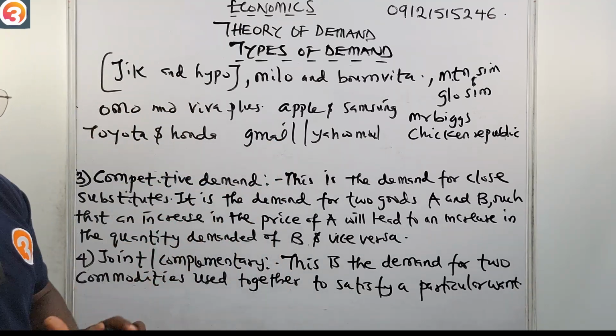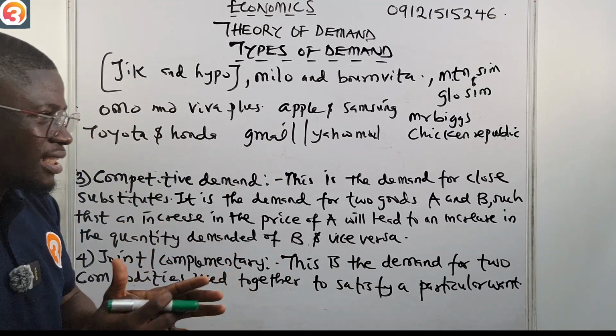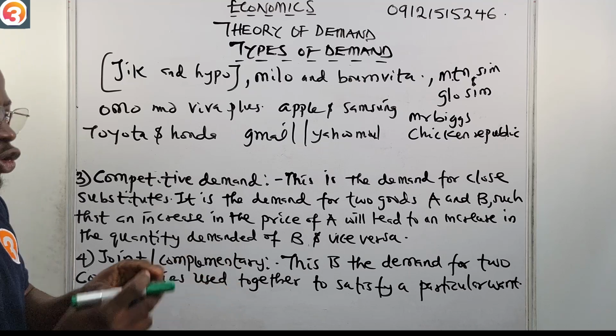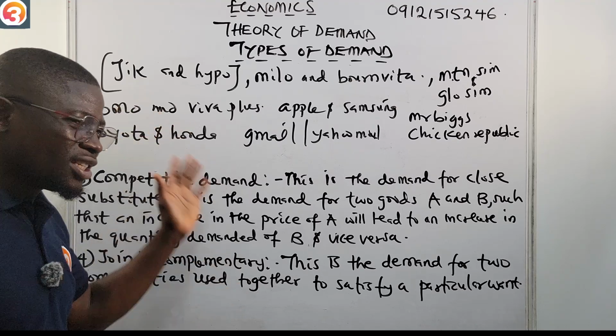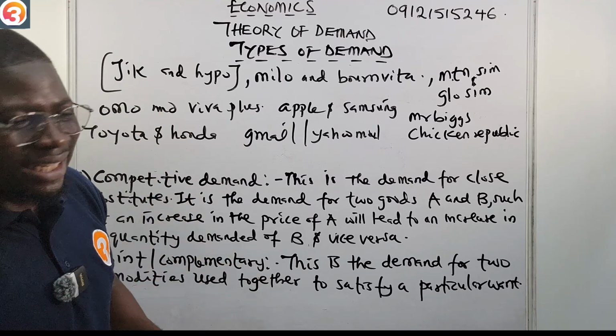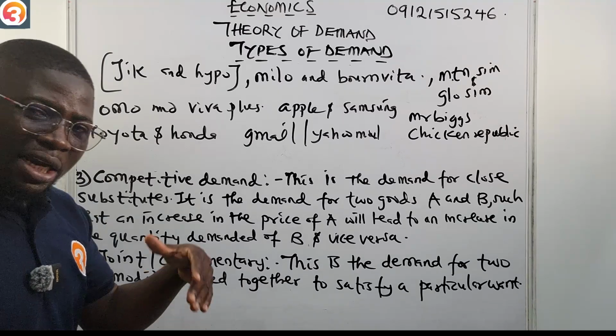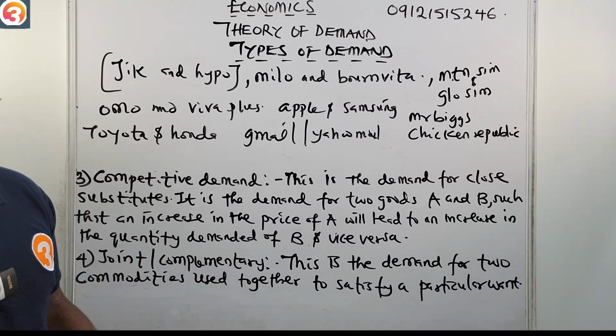So it is the demand for commodities that have a close substitute. That means if one is not available, you can go for the other one. That's what substitute means. If one is too expensive, I can go for the other one.